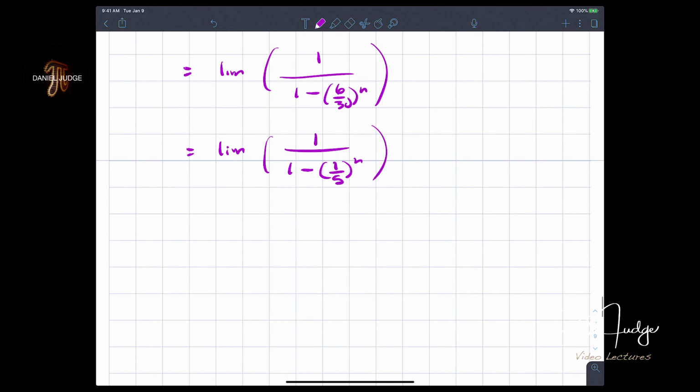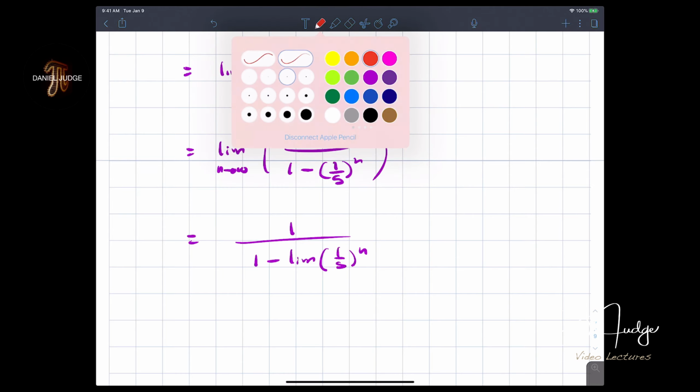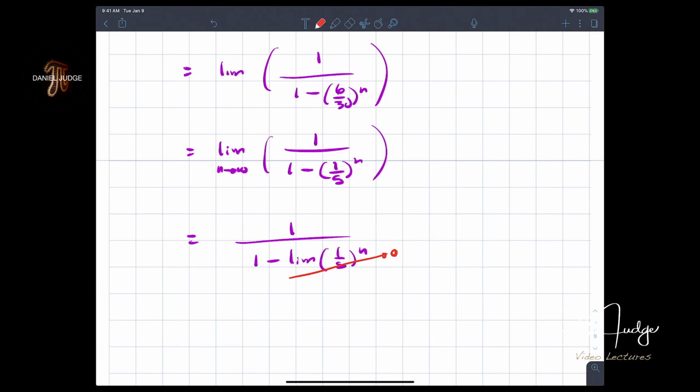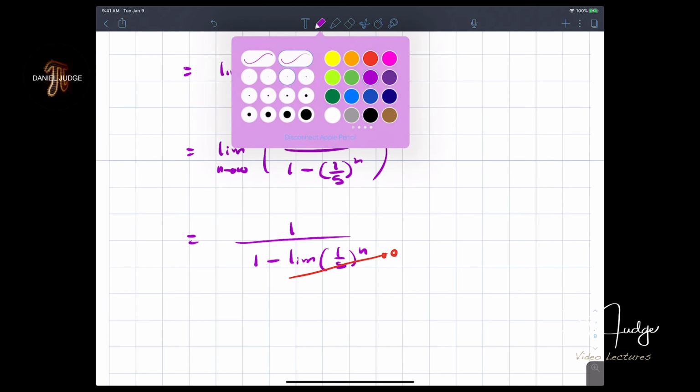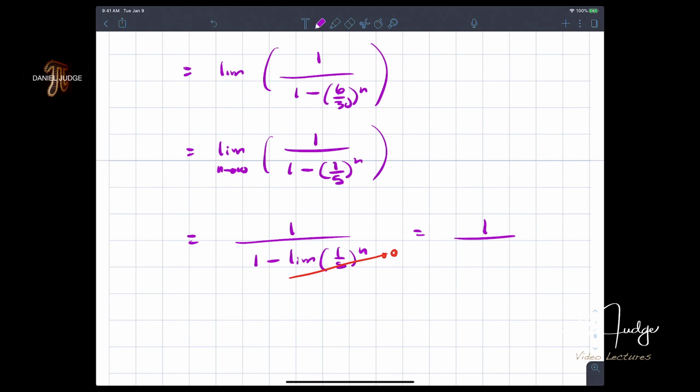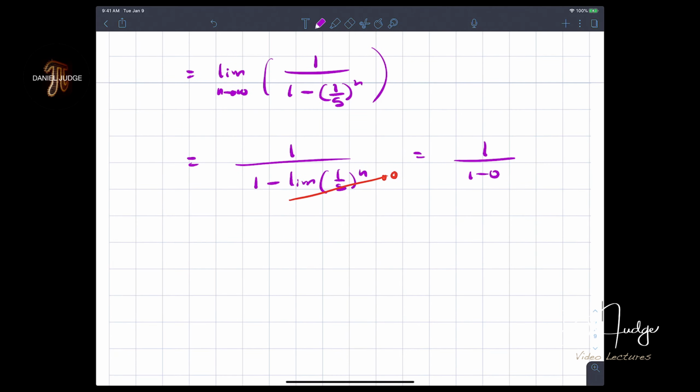Okay. By properties of limits, 1 over 1 minus the limit here of 1/5 to the nth power, and you guys know that this portion goes to 0. And so you end up with 1 over 1 minus 0, or just 1 again. So there's your finite value, there's your constant.